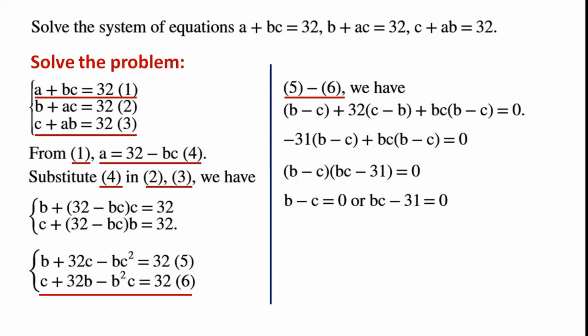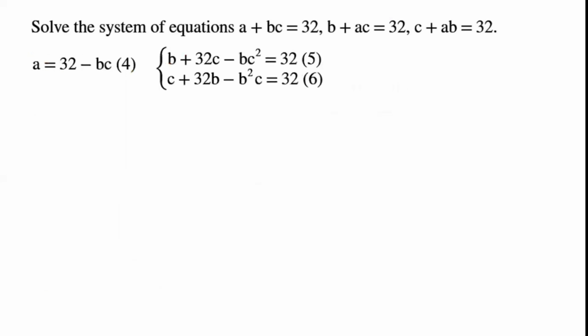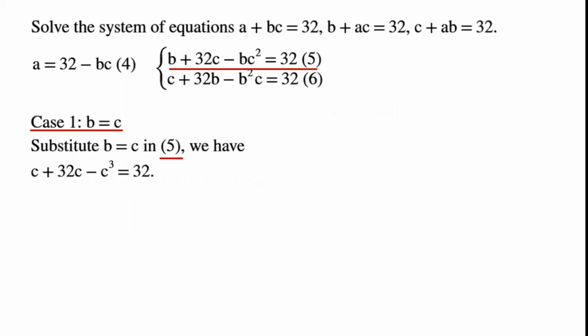So either B minus C equals 0 or BC minus 31 equals 0. So either B equals C or BC equals 31. Case 1, B equals C. Substitute B equals C in equation 5.